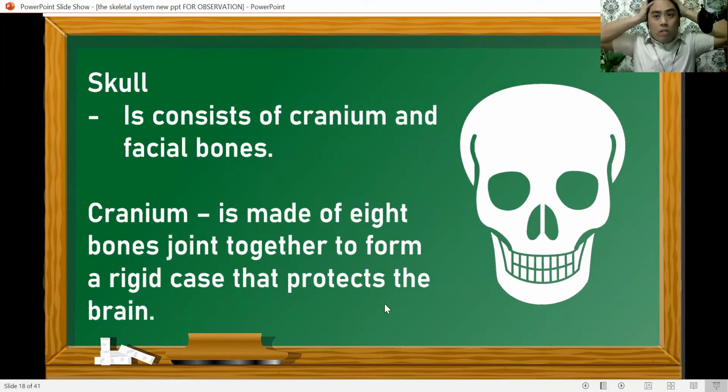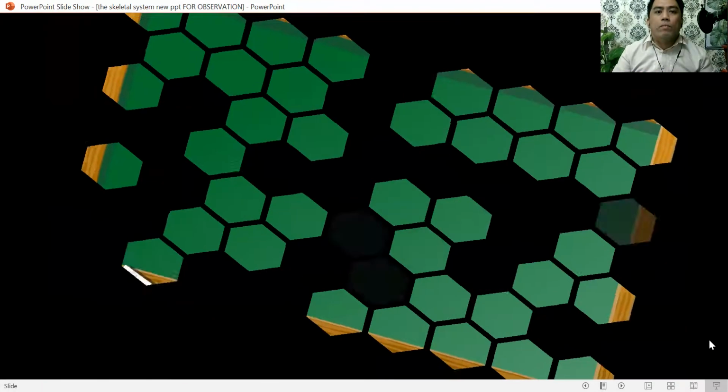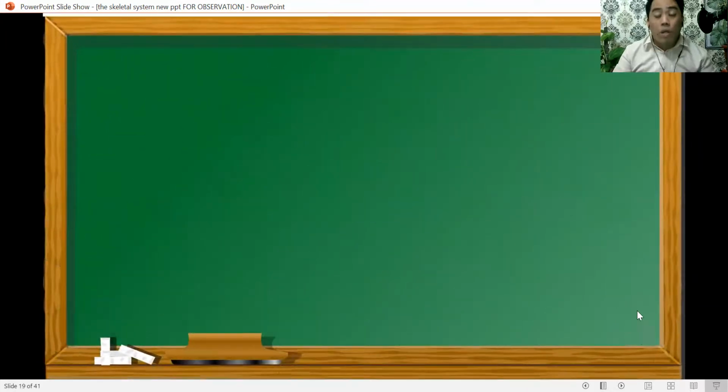So ang cranium natin dito sa taas. Pag pinagsama natin yung facial bones, tinatawag silang skull. So in short, ang cranium or ang skull protects our brain.